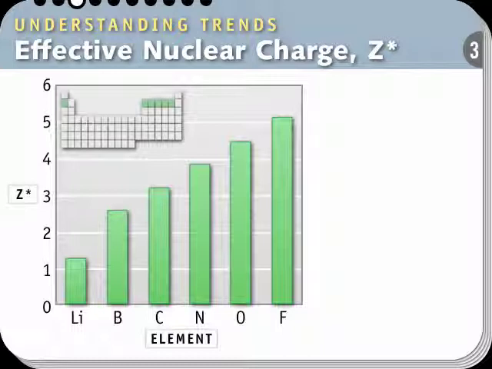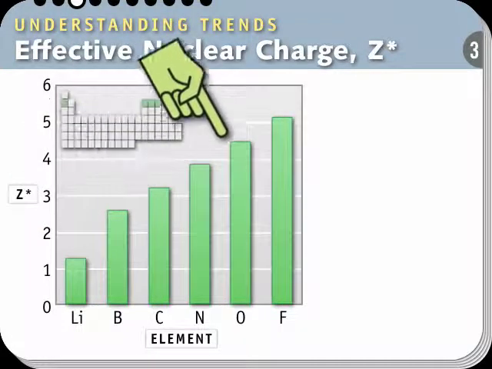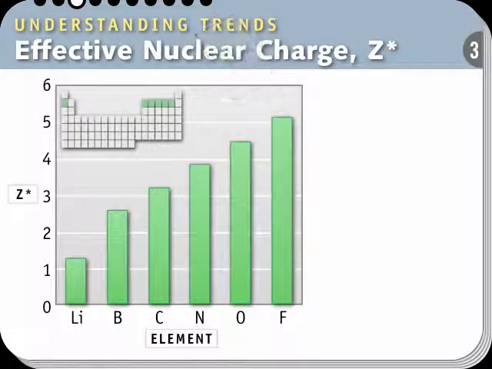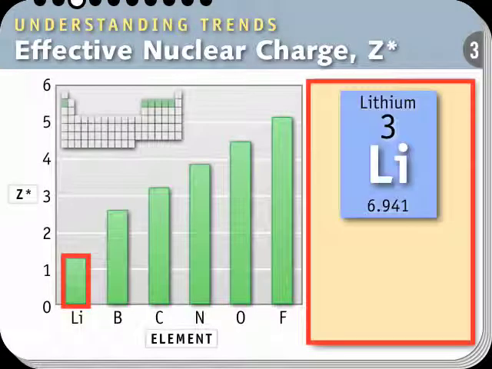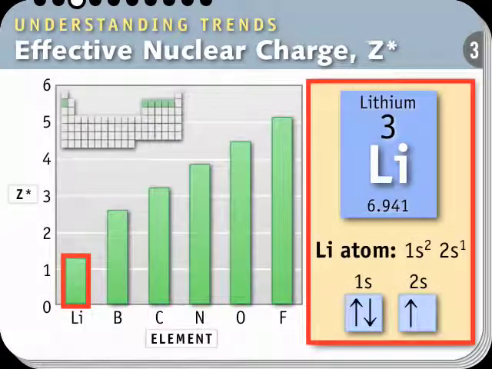Let's look at the graph on this screen. There are two important points to make. First, the effective nuclear charge experienced by the outermost electron increases as we proceed across the period. Second, consider lithium as an example. The atom has 3 protons in the nucleus and 3 extranuclear electrons, arranged as 1s2, 2s1.